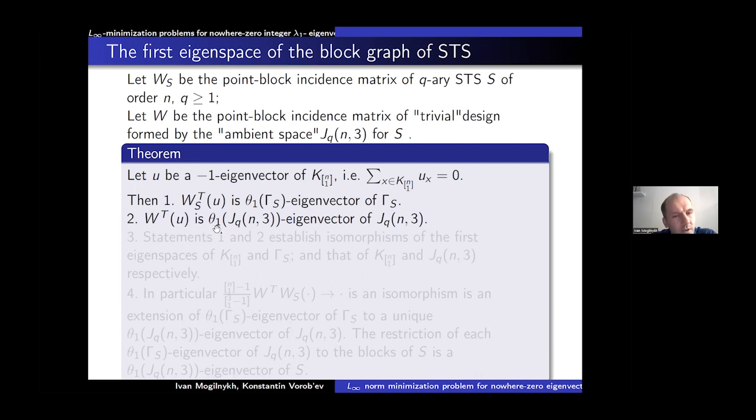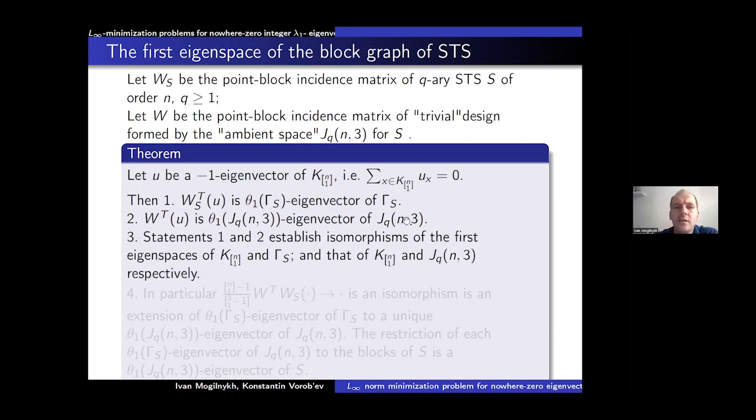And we also obtain the first eigenvector of the Grassmann graph. And actually, both are isomorphisms between the first eigenspaces of the complete graph and the block graph, and that of the complete graph and the Grassmann graph.